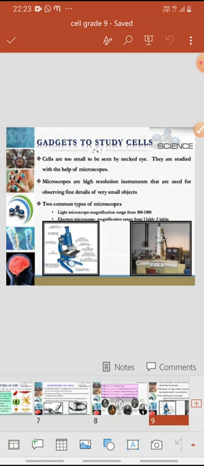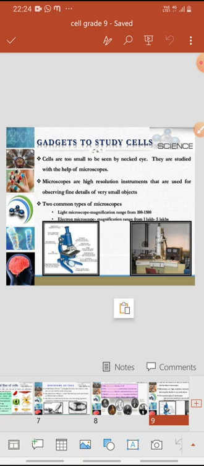Next is gadgets to study cells. What is meant by gadgets? Gadgets are nothing but instruments. Cells are too small to be seen by the naked eye. They are studied with the help of microscopes. Microscopes are high-resolution instruments used for observing fine details of very small objects.